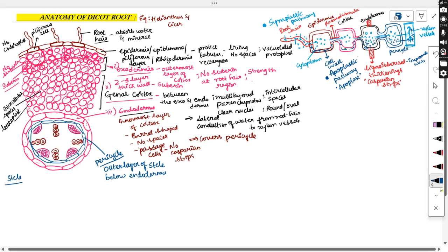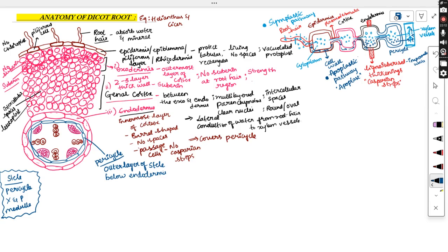Usually the pericycle, the vascular bundles like xylem and phloem, and the central region, the medulla, all these three are collectively called the stele. The function of the pericycle is to cover the vascular bundles.